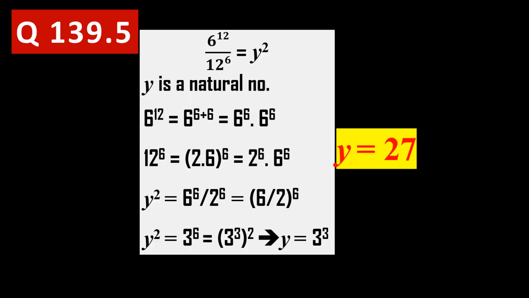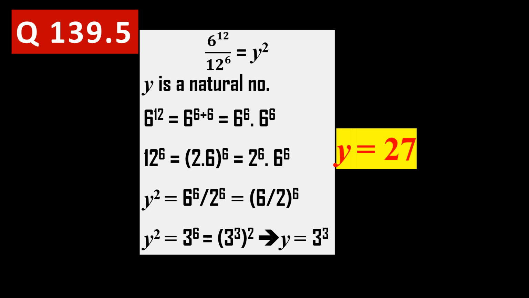Answer to 139.5. Numerator 6 power 12 can be written as 6 power 6 plus 6, that is 6 power 6 into 6 power 6. Denominator 12 is 2 into 6. 12 power 6 can be written as 2 power 6 into 6 power 6.